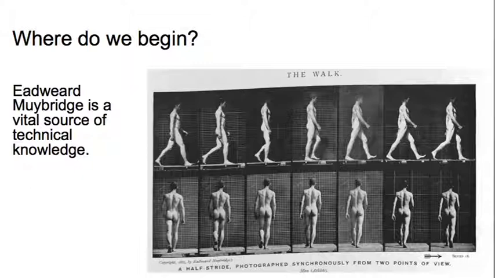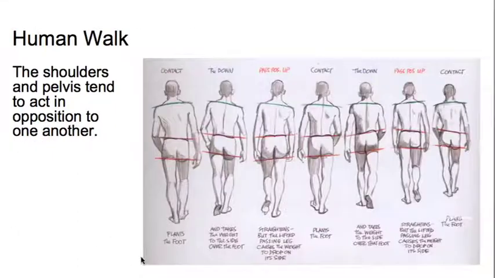So we go back to Muybridge to get the main positions for a walk. Now, one thing that you'll find in a walk is the shoulders and the pelvis tend to act in opposition to one another. These drawings here are taken from the Animator's Survival Kit, a book which you already know about, and a book which you should have on your shelf already.